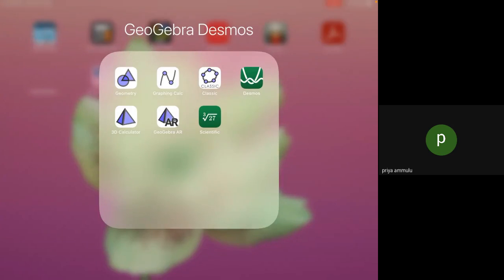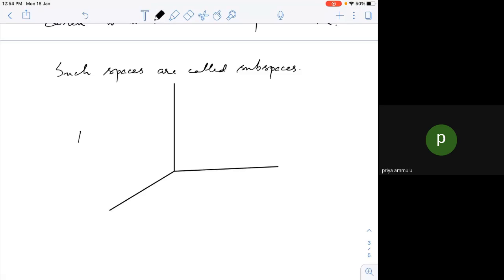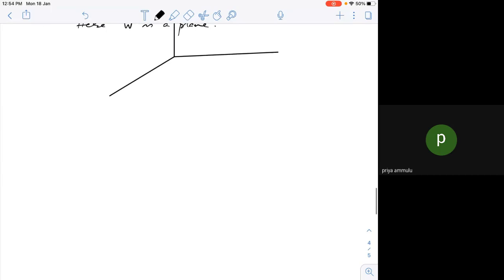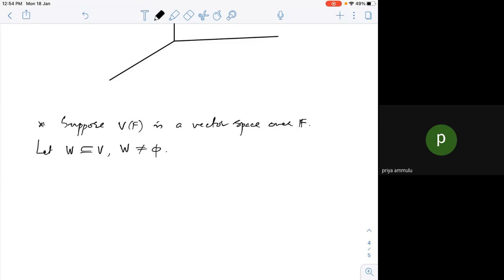So having done this, let us go through our main topic. Here in this case, this W is a plane, as was seen, right? Now, the concrete definition is this one. Suppose V over F is a vector space over F. Let W be a subset of V, of course, W not equal to empty.